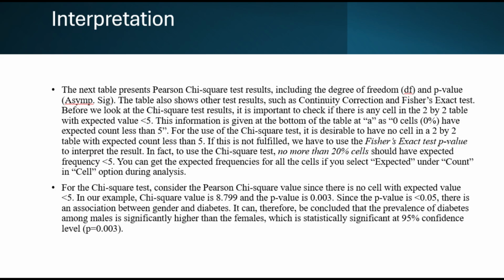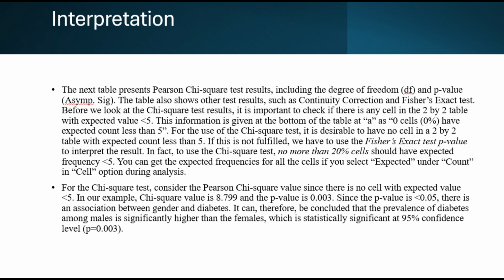Interpretation. The next table presents Pearson chi-square test results, including the degree of freedom, DF, and p-value, Asymp. Sig. The table also shows other test results, such as continuity correction and Fisher's exact test. Before we look at the chi-square test results, it is important to check if there is any cell in the 2x2 table with expected value less than 5.